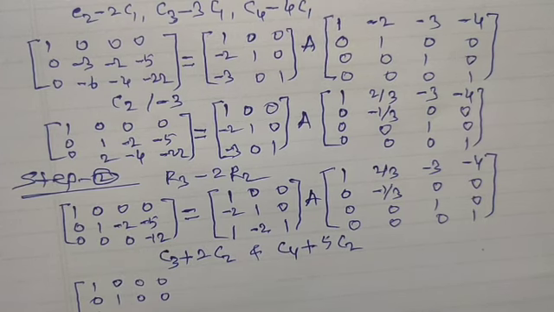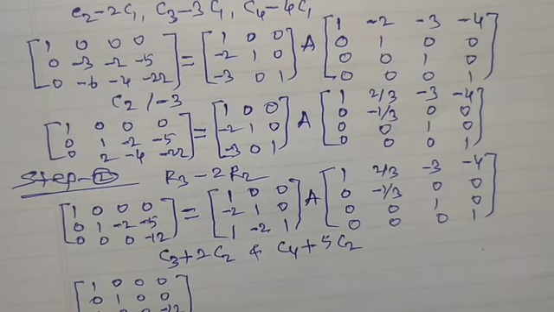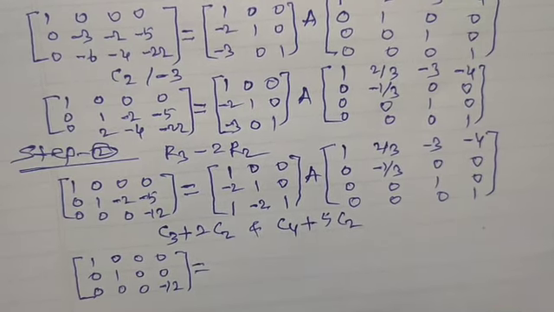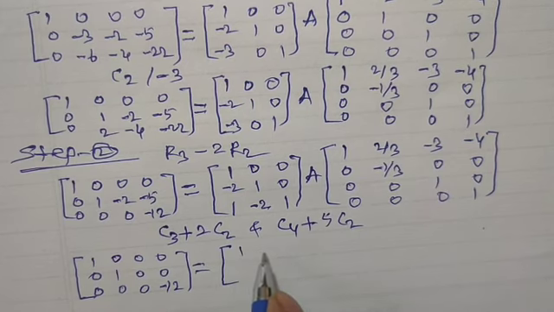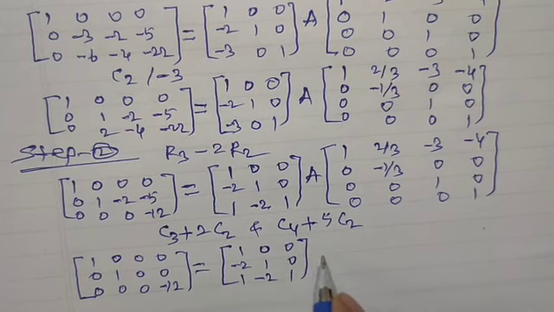And then third row 0, 0, 0, minus 12 as it is. And then there is no change in this matrix. This matrix will remain as it is: 1, 0, 0, minus 2, 1, 0, 1, minus 2, 1.